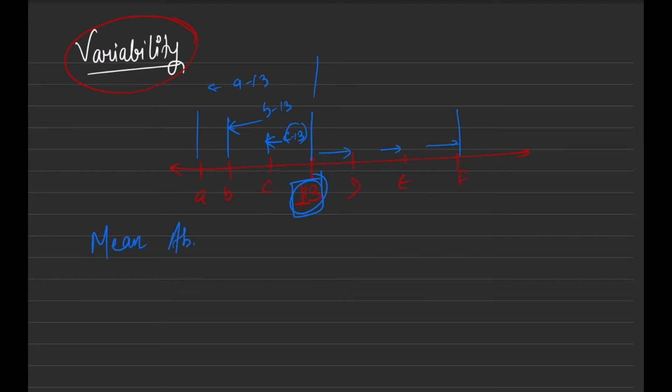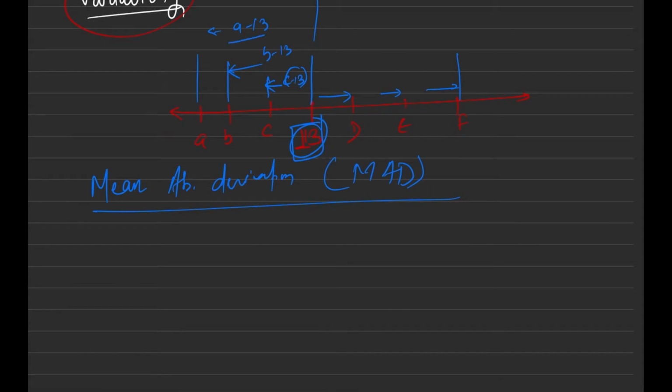Mean absolute deviation. This is the first thing that we'll remember. This is nothing but MAD. As I said, here it will be A minus 13, B minus 13, 13 minus D, something like that. So it's nothing but the mod of A minus 13. You will take the mod. It can be positive or negative, but it should always be the mod. Next will be mod of B minus 13, up to mod of F minus 13.